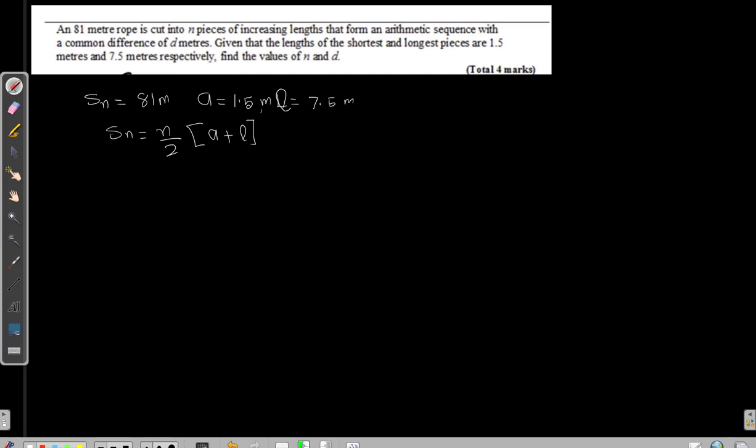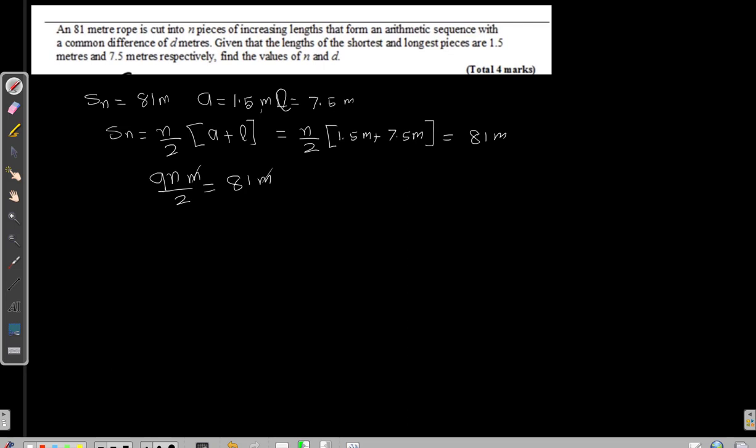So that gives me n over 2 times a, which is 1.5 meters, plus 7.5 meters, equal to 81 meters. So I just add these two, 1.5 plus 7.5 is 9. So 9 times n over 2 equal to 81 meters. The meters get cancelled.